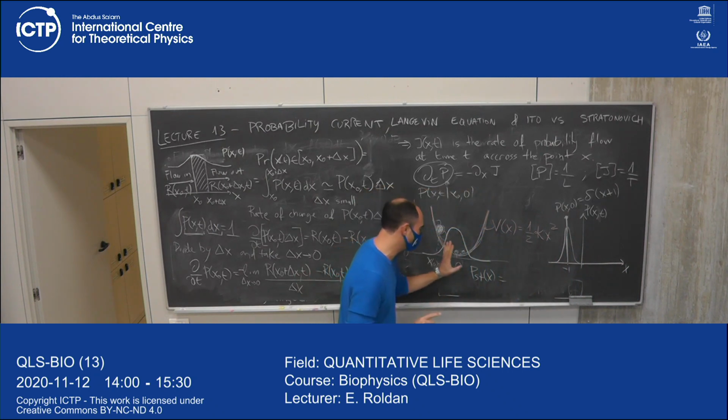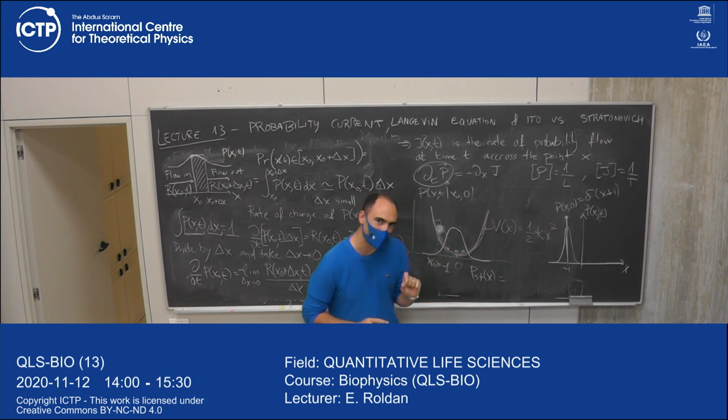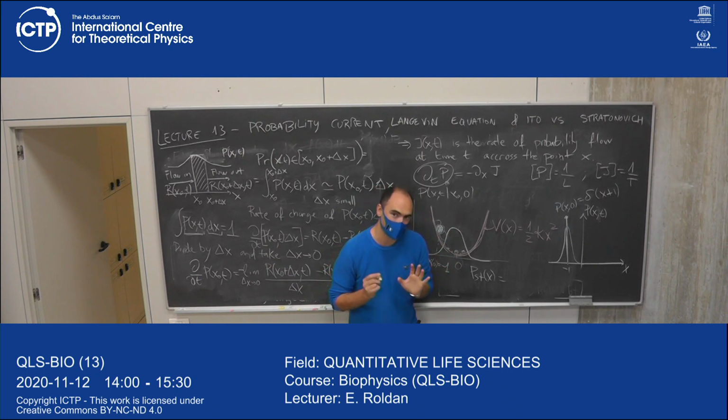Think about it. At time zero, I say my initial condition is to be at -1. In that case, the distribution is a delta because, if I think about an ensemble, all of them are placed in one position. Now they evolve. It will go to a Gaussian then? Yes, but why Gaussian?